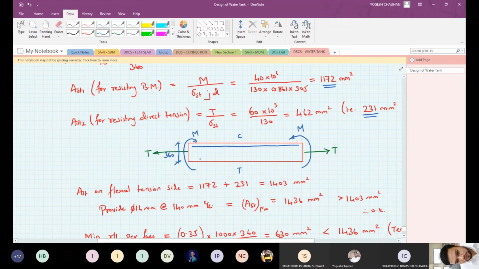So we have provided this steel, and so this is your AST, and this is your ASC.